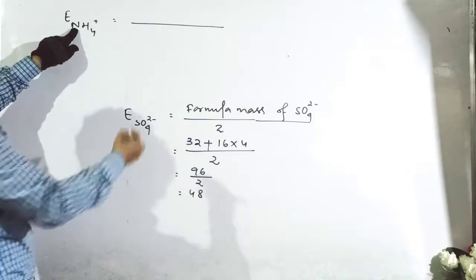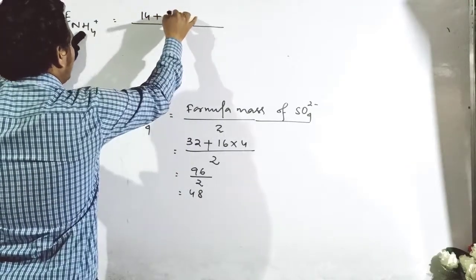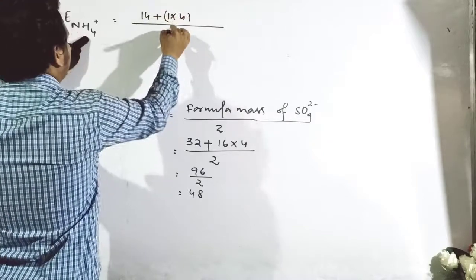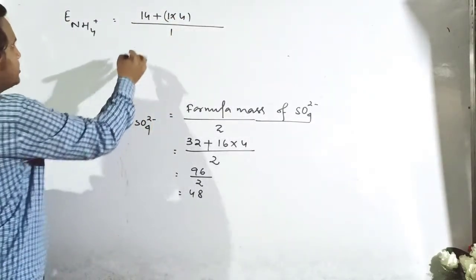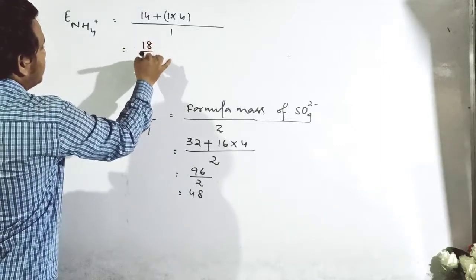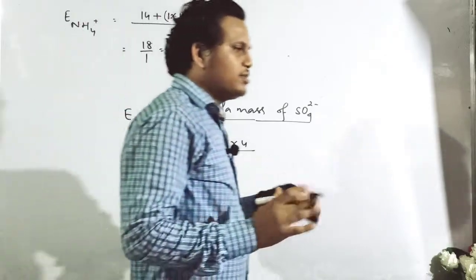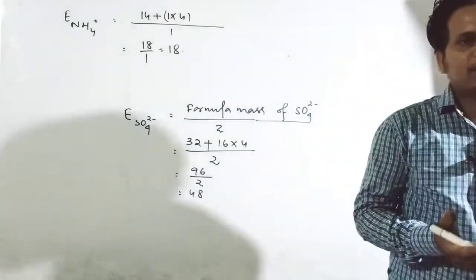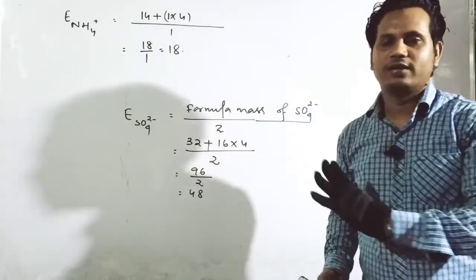What is the mass? Nitrogen 14, hydrogen 1, 4 times. And what is the cationic charge? Plus 1. What will be the answer? This will be 18 by 1, it is 18. So for ions, the formula mass of the ion is divided by their ionic charge.